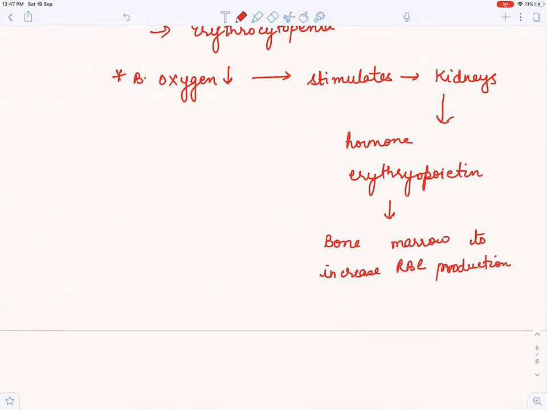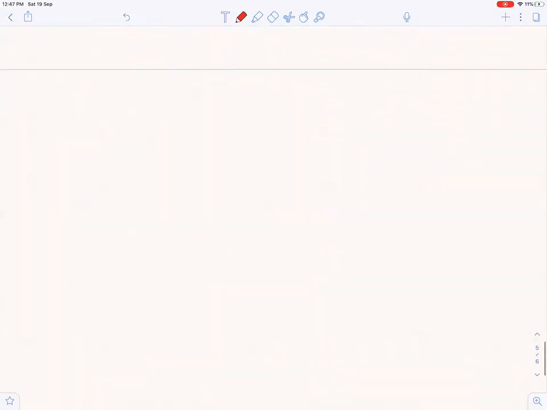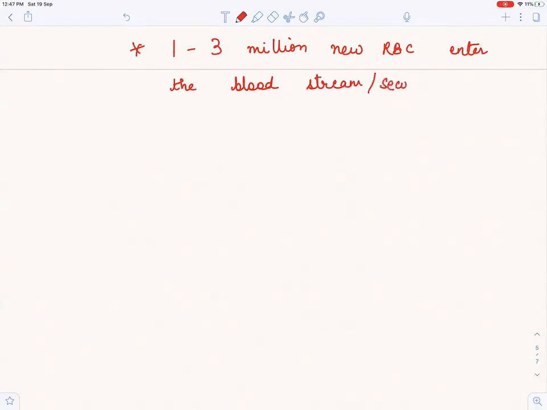Now let us see what other characteristics we can do. 1 to 3 million. Some books say 1 million, some say 2 million, some say 1.5, 2.5, but the actual, which I think is correct, is 1 to 3 million new RBCs enter the bloodstream per second.